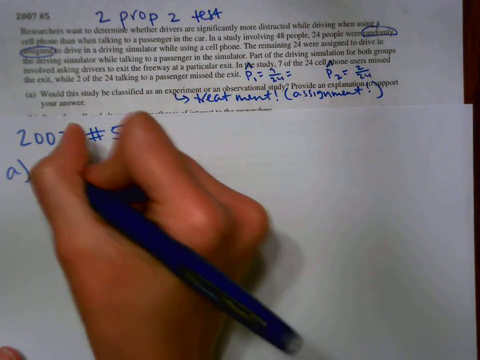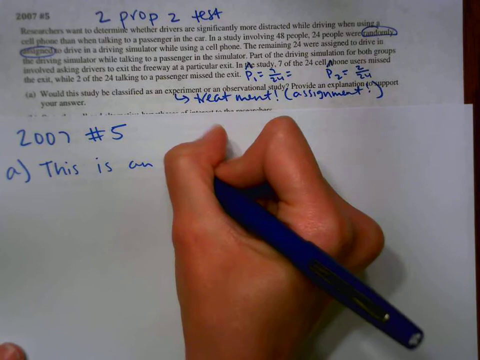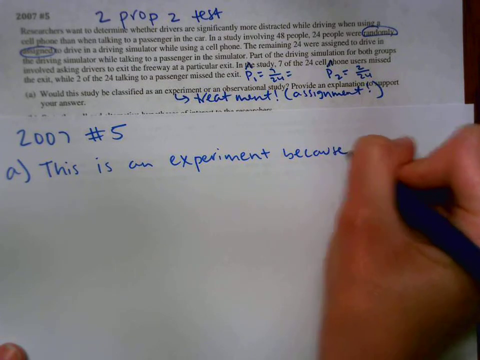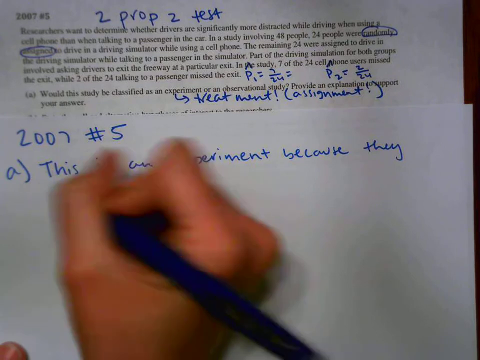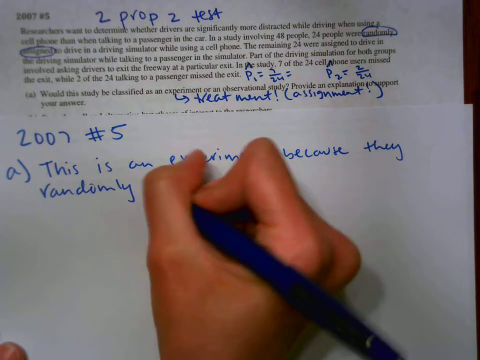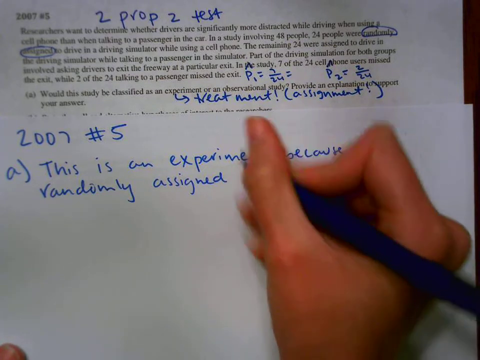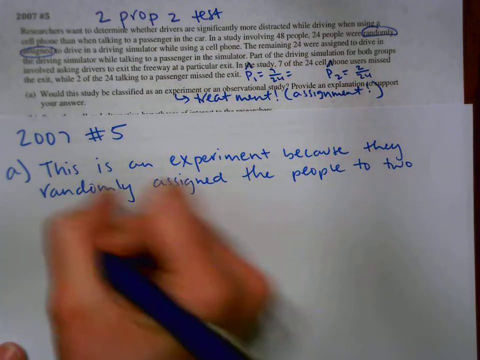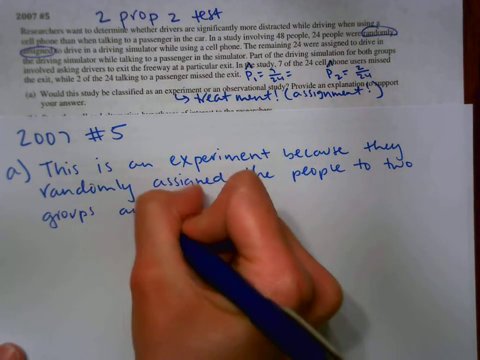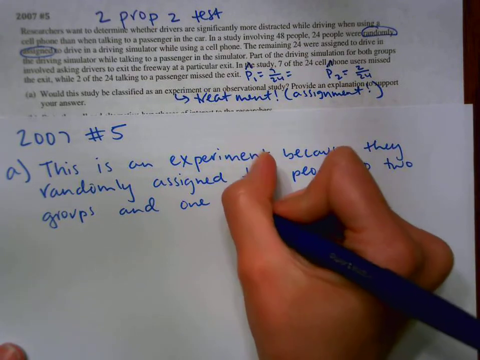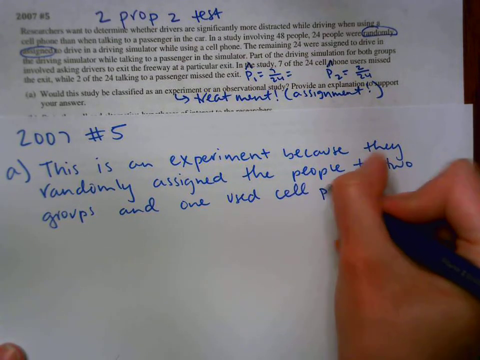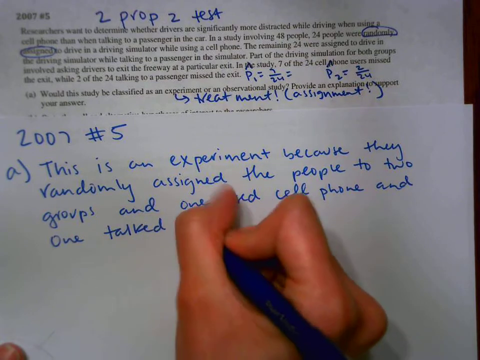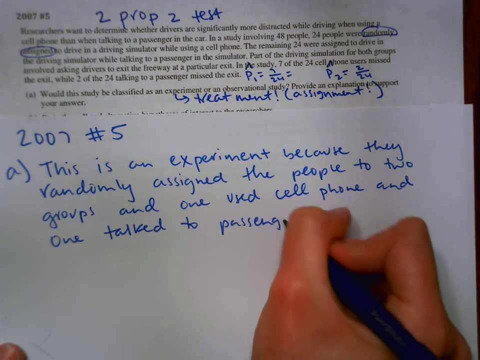So we just say this is an experiment because they randomly assigned the people to two groups, and one used a cell phone and one talked to a passenger.